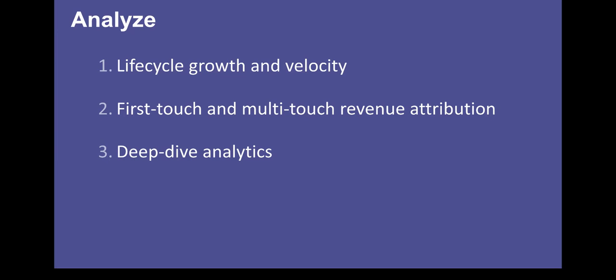We'll look at both first touch as well as multi-touch revenue attribution to find out what impact marketing efforts are truly having on the revenue and the bottom line of your company. And then finally, we'll take a look at the deep dive analytics that are stored in the Marketo Data Warehouse Cube so that you can build customized dashboards that are going to reflect your key performance indicators so that you can instantly see how well marketing is doing.